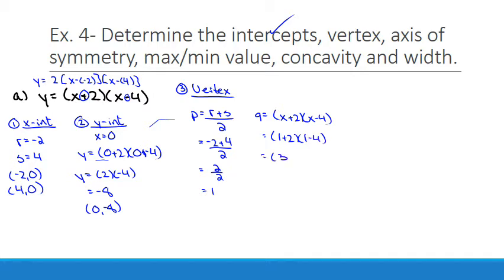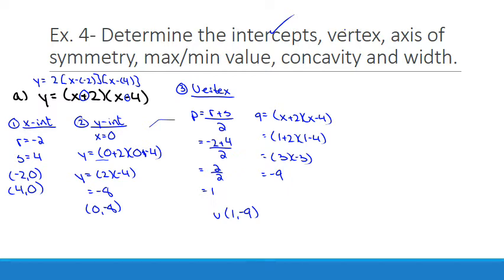So that's 3 and negative 3, which works out to negative 9. So the vertex coordinates are 1 and negative 9. Again, the way we do that is to find the x coordinate, which is always halfway between your intercepts, so you add your intercepts and divide by 2. Then to find the corresponding y, you plug that x value into your given equation, and it'll spit out your y value.